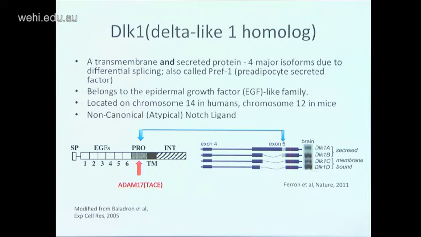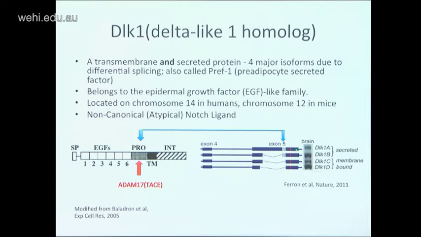So the mechanism by which multiple isoforms can result is due to differential splicing of exon 5, which is the biggest exon of Dlk1 and also the last exon. So in the first isoform, which is the complete form or the long isoform, the gray box here represents, when translated, the protease target region.